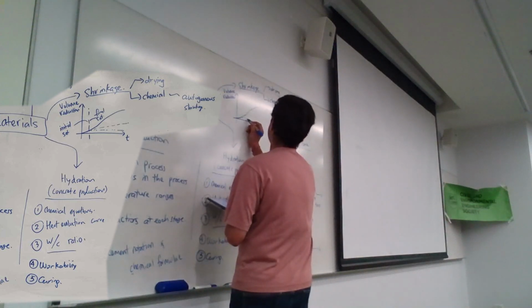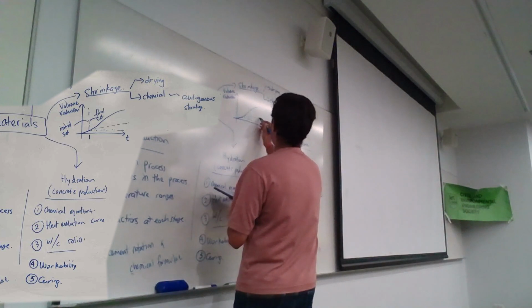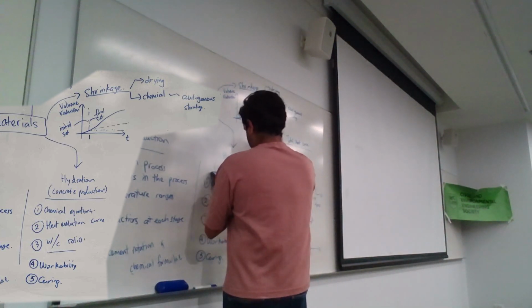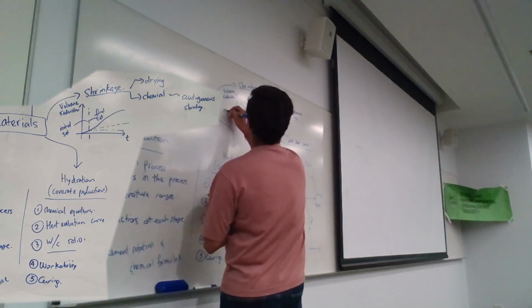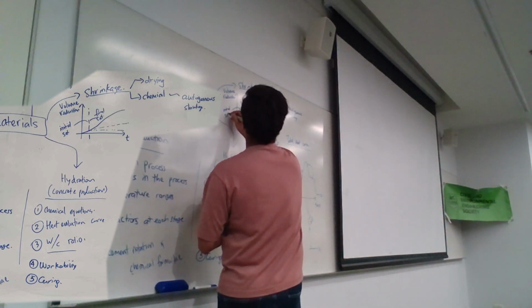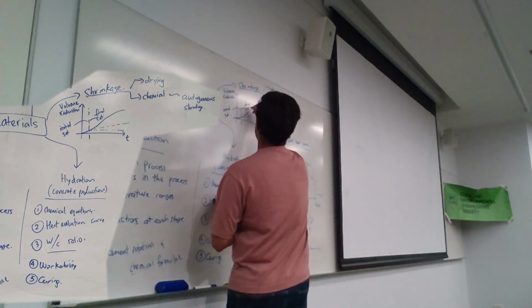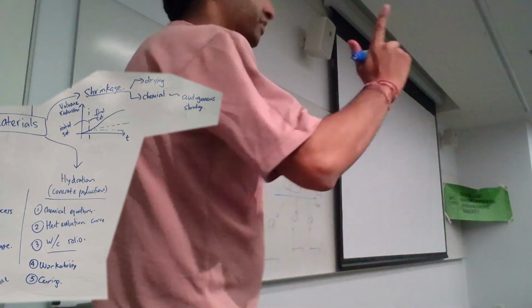But there are different aspects to this curve. You can break this curve up into parts, between initial setting and after final set. I'm not going through this in detail, but I just want to bring this to your attention.